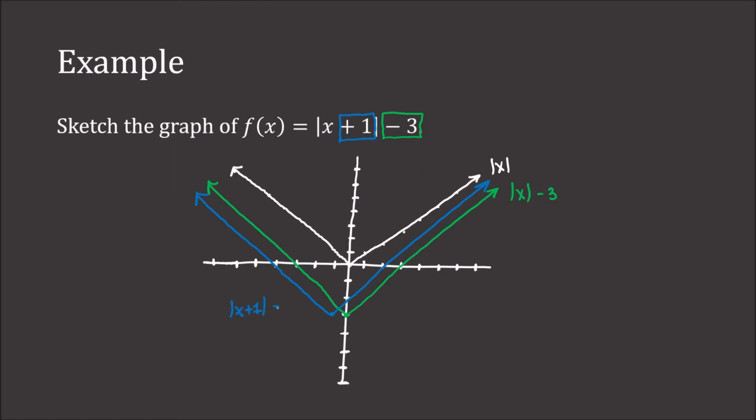And so that graph in blue is the graph of the absolute value of x plus 1 minus 3.